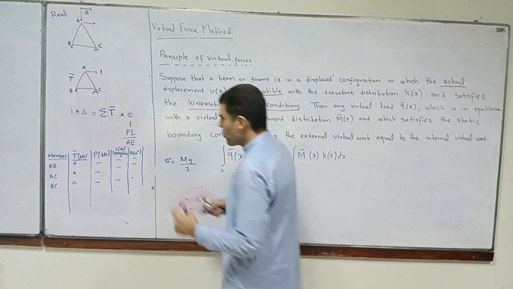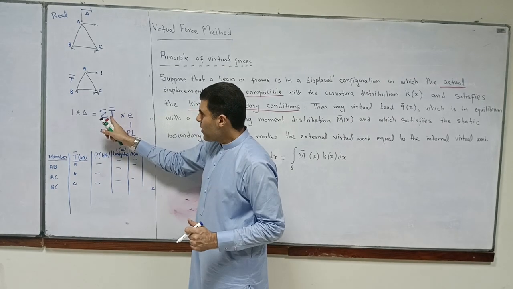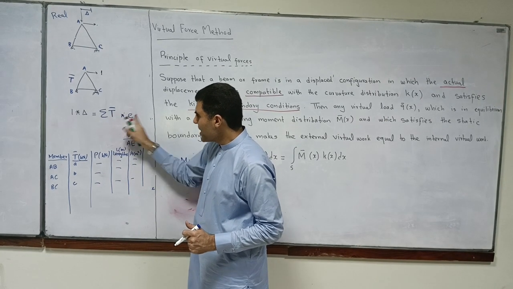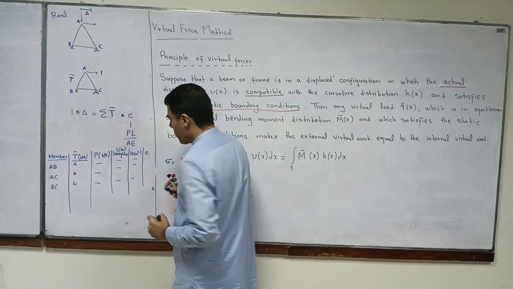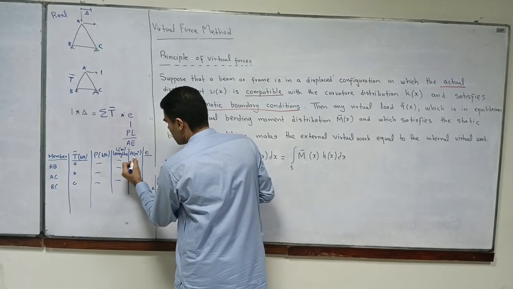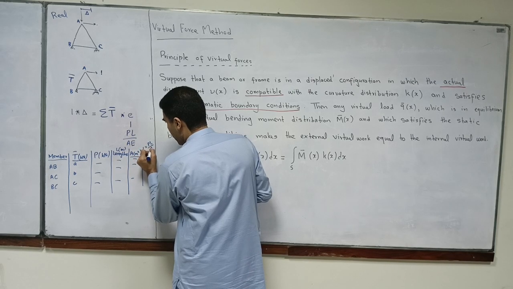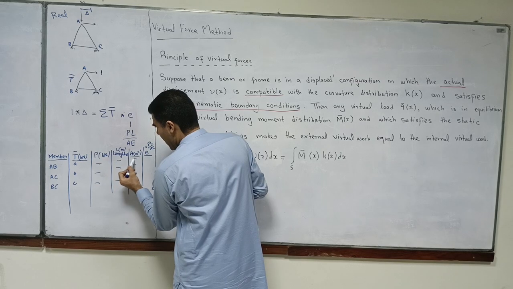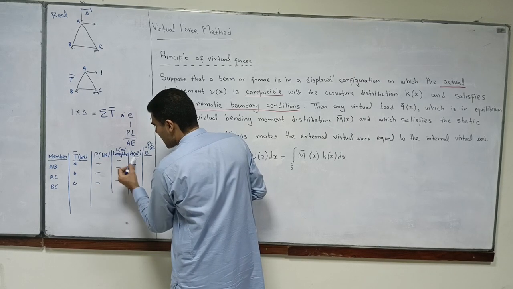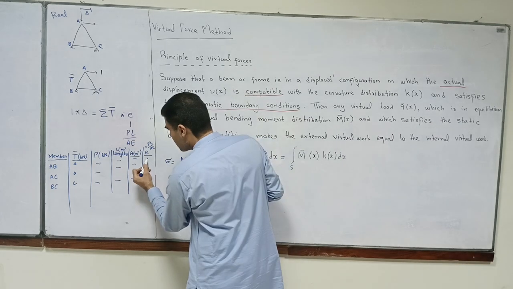Once this is found, what will you do? You have to multiply T bar with e. So you will find out your e. What is e? It is equal to PL over AE. So this P will be multiplied by L and divided by AE.